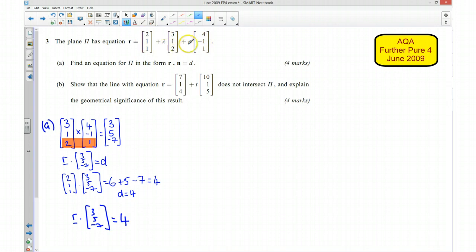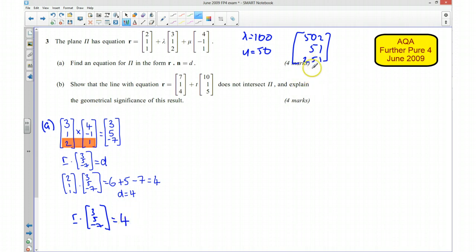So for this case I chose lambda and mu to be 0, and that's why I got (2, 1, 1), but I could choose lambda and mu to be 100 and 50, and then that would give me (300, 502, 51) and 251 as a point that was on the plane, and it seems unlikely, but if I now dotted this with (3, 5, -7), I should, and I would, still get the value of 4.